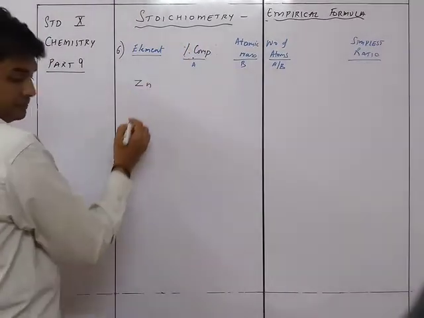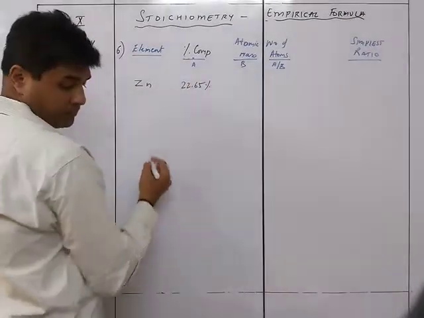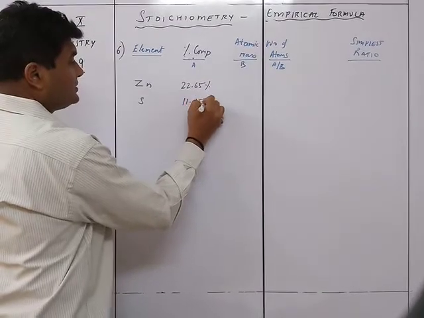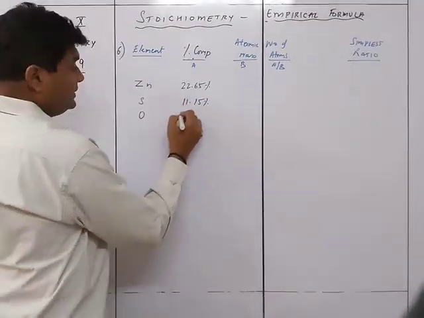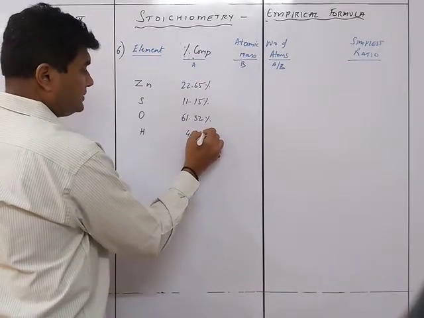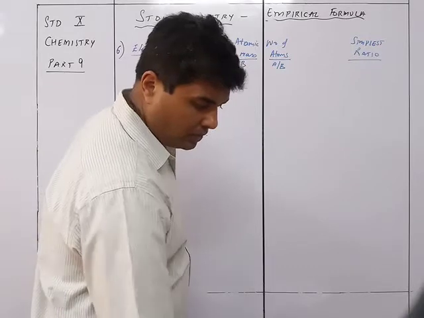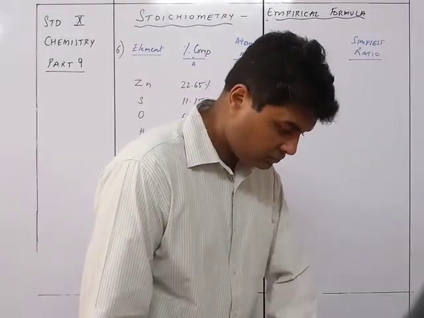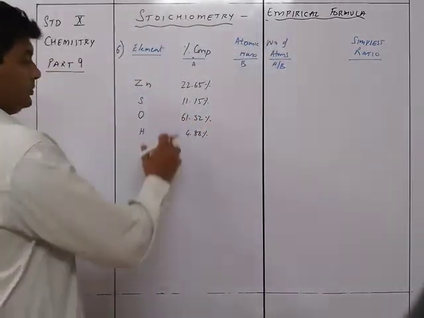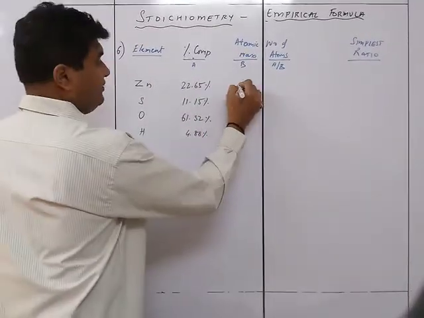We have Zn, which is 22.65%, S, which is 11.15%, O 61.32%, H 4.88%. Okay, so this totals to 100.